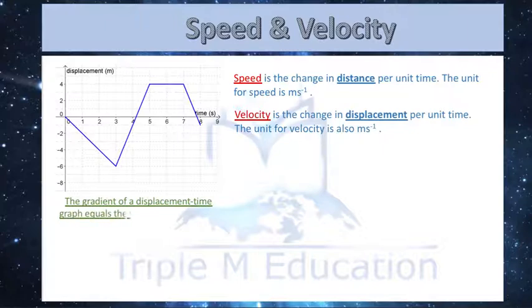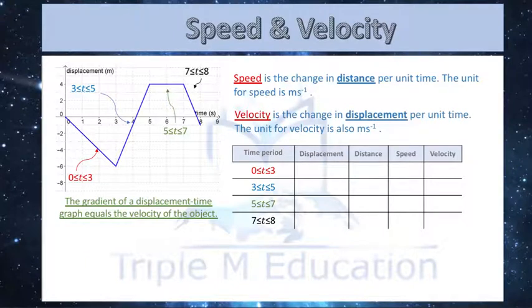Now let's use the displacement time graph to try to explain the difference between distance and displacement. Consider the time periods 0 and 3 seconds, 3 and 5 seconds, 5 to 7 seconds, and finally 7 to 8 seconds.